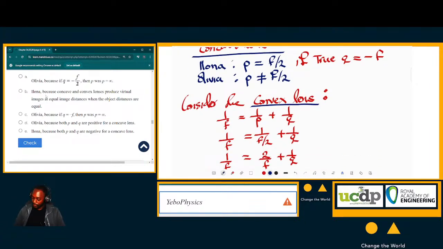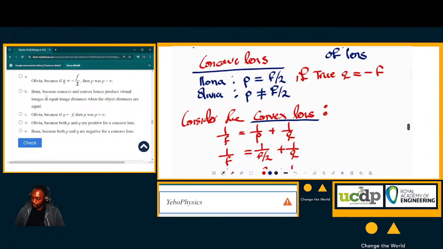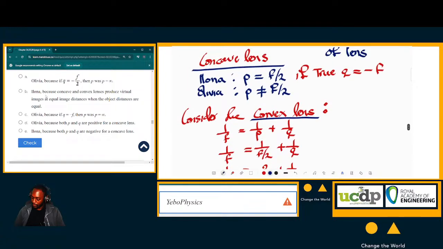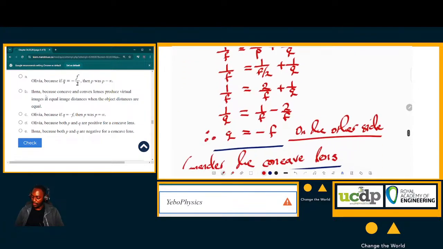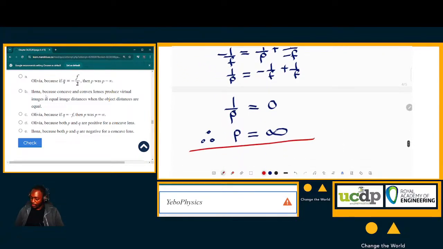So this is not true, which means Olivia is correct, which means we cannot place the object at f over 2. From the calculation we've made, p would be equal to infinity. I hope you get the hang of it.